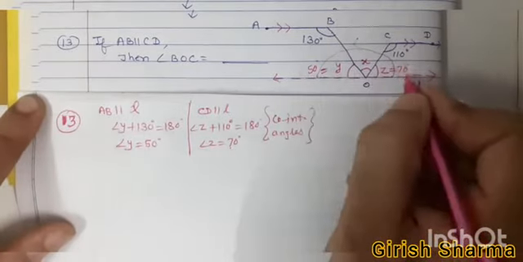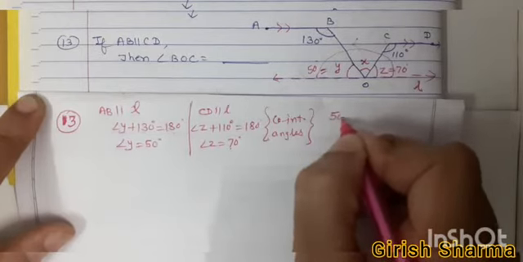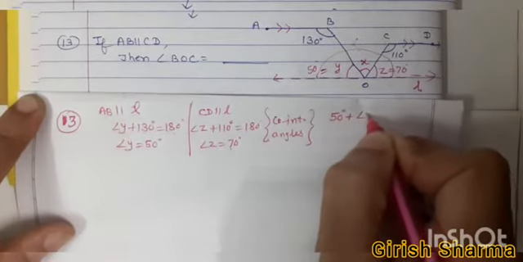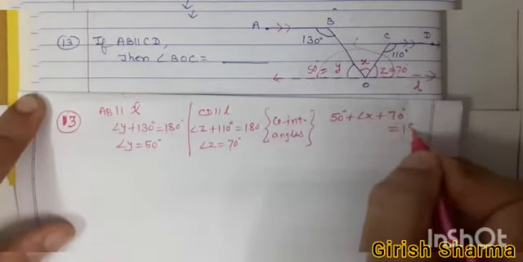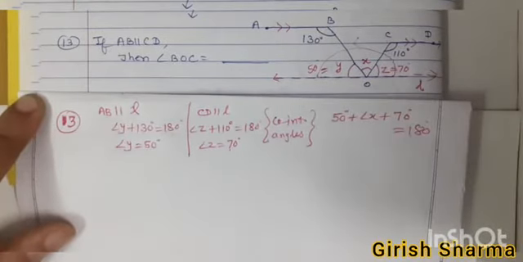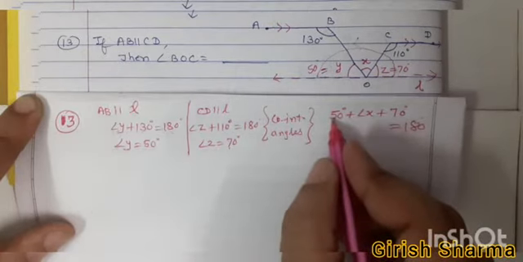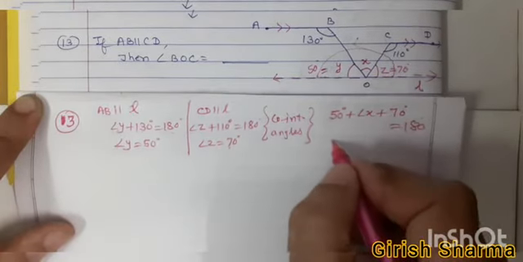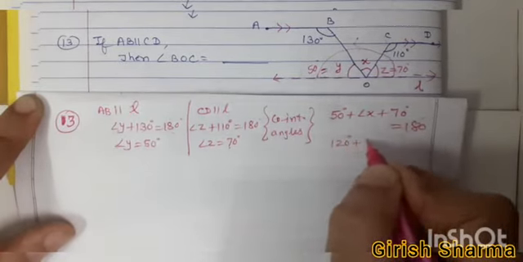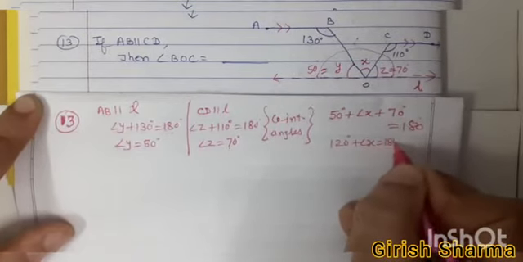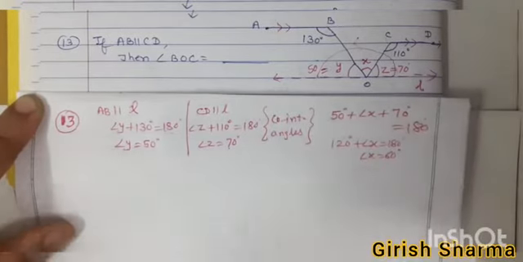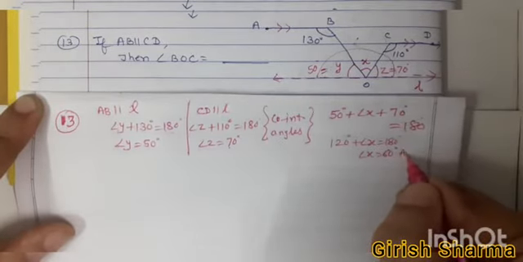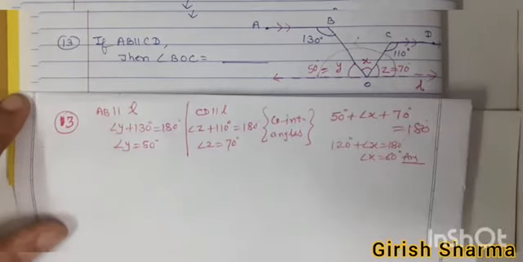Okay, and the sum of these three is 180. 50 plus x plus 70 degrees is equal to 180 degrees. So 50 degrees plus 70 degrees is 120, plus angle x is 180. What is angle x? 180 minus 120 is 60 degrees. So angle x will be 60 degrees. This is your answer.